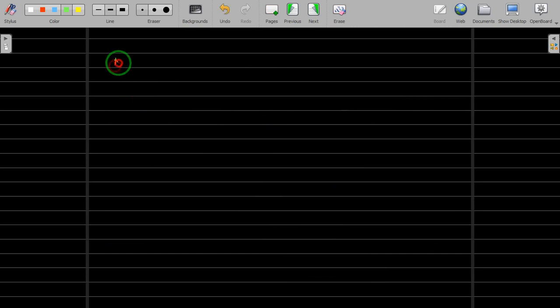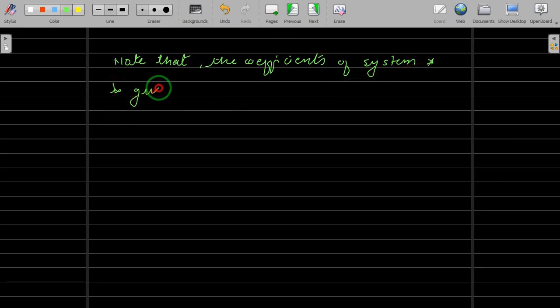So note that the coefficients of the system star are given by, you can verify this very easily.